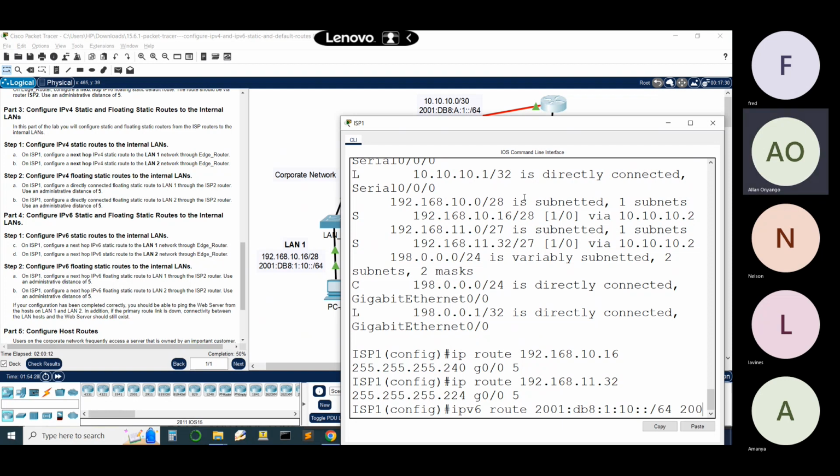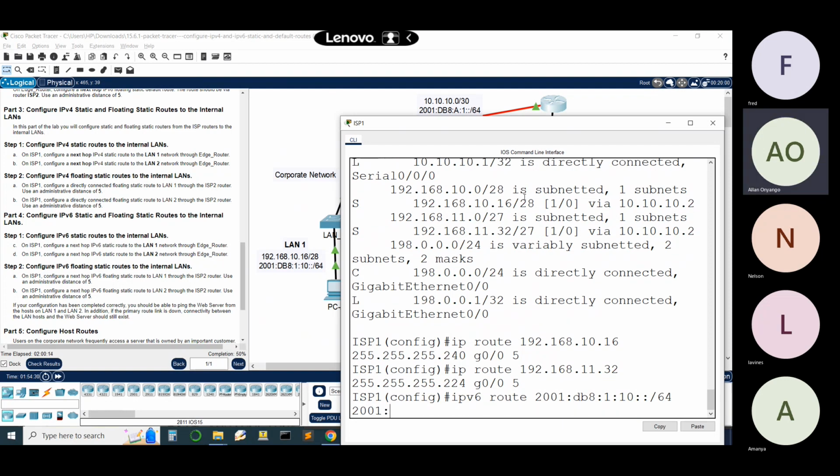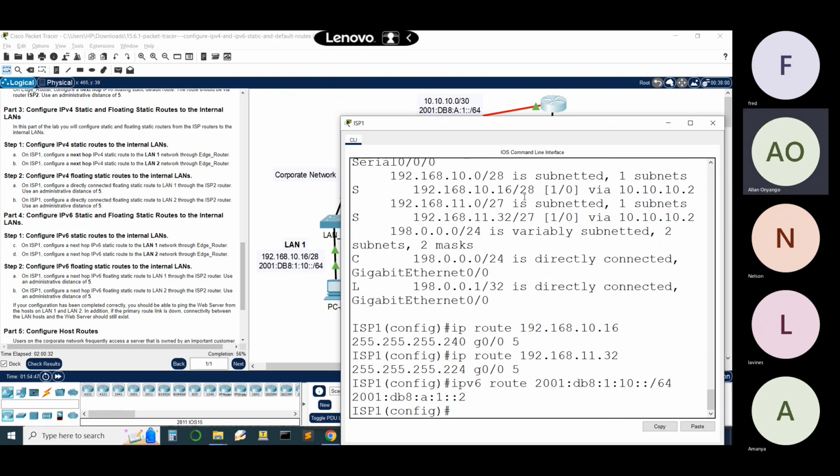We say 2001:DB8:A:1::2. And that's it. We have 56 marks.